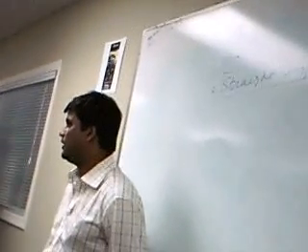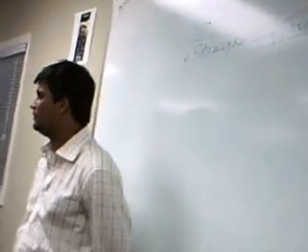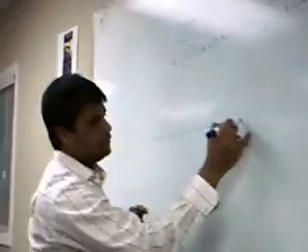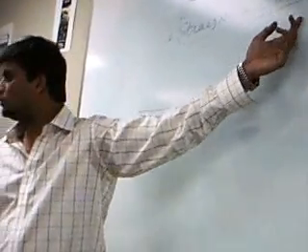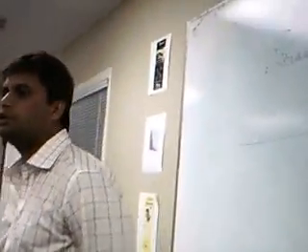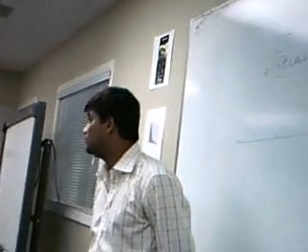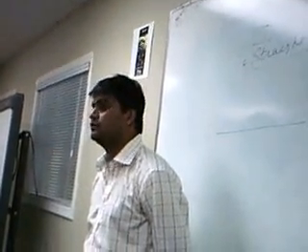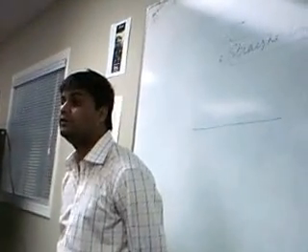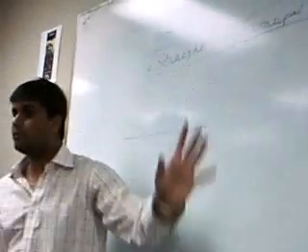Straight line, so what does straight line mean? Same, right? It's the same. Principal reduction. So the principal should be reduced by the same amount every year. It should be reduced by the same amount.